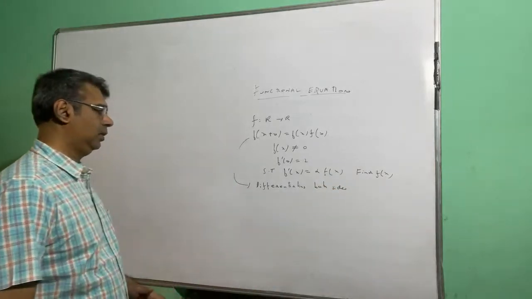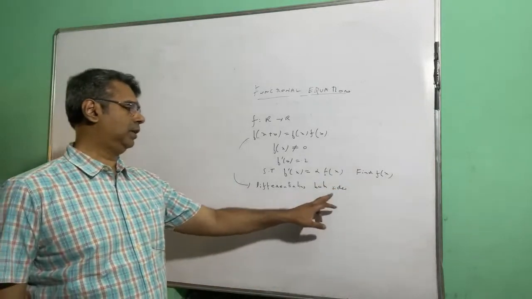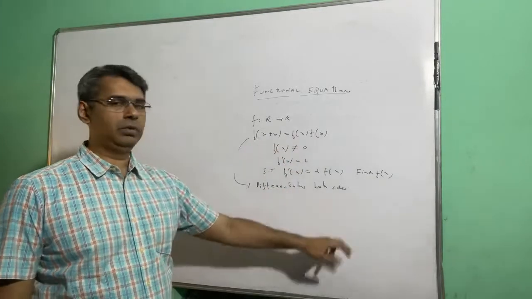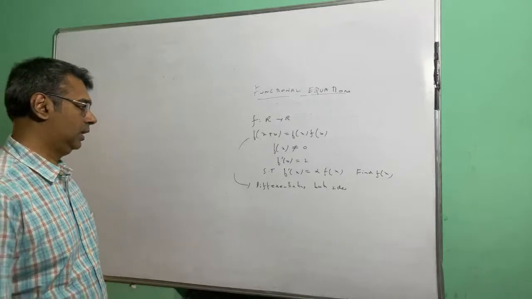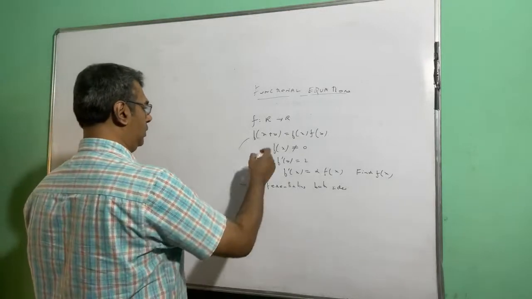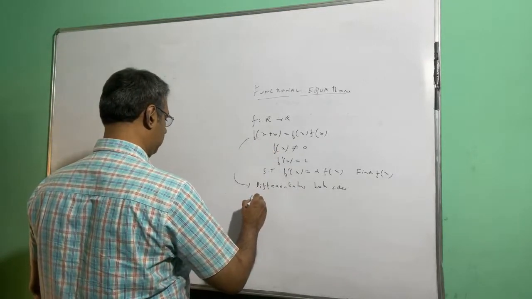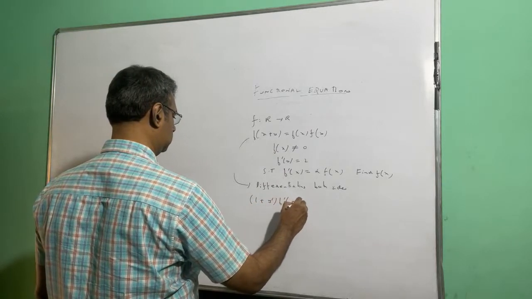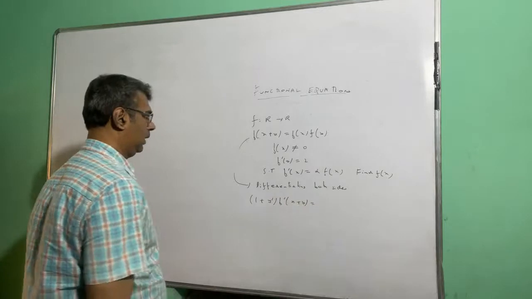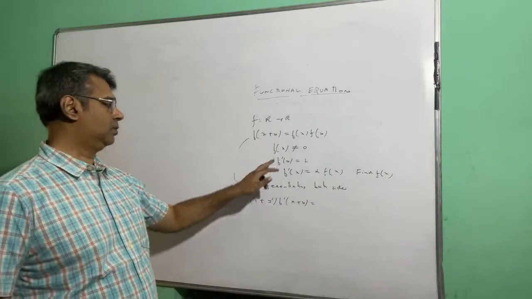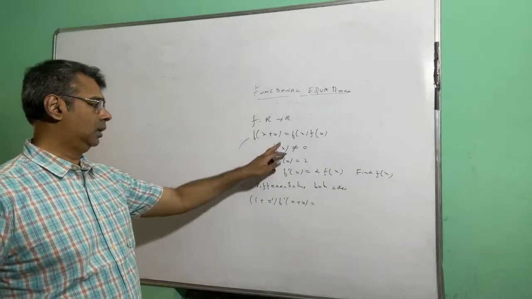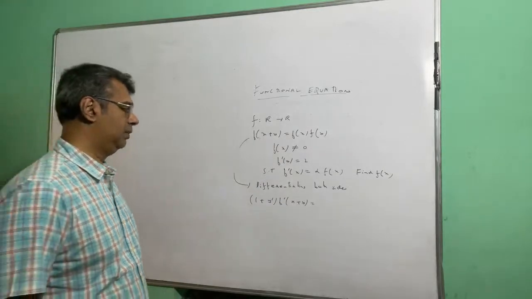The first thing you have to do is differentiate both sides of this equation. If you differentiate f of x plus y, the derivative of x plus y will be 1 plus dy by dx, into the derivative, which I am writing as f dash x plus y.